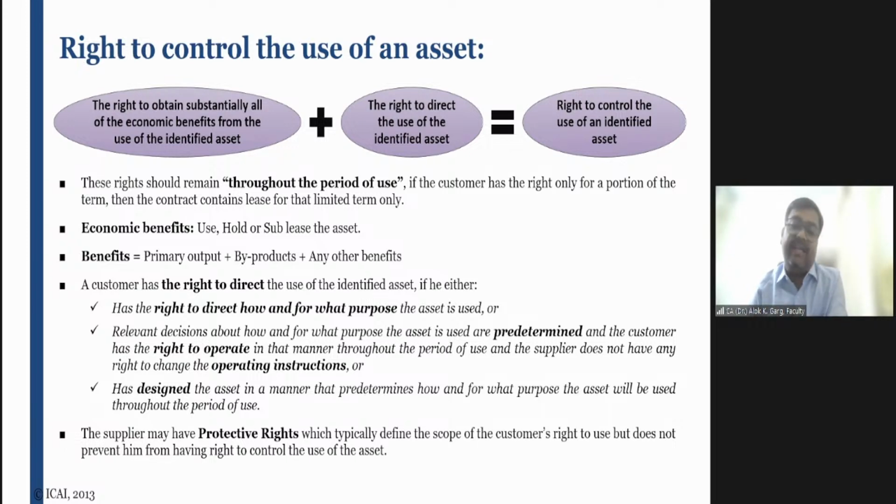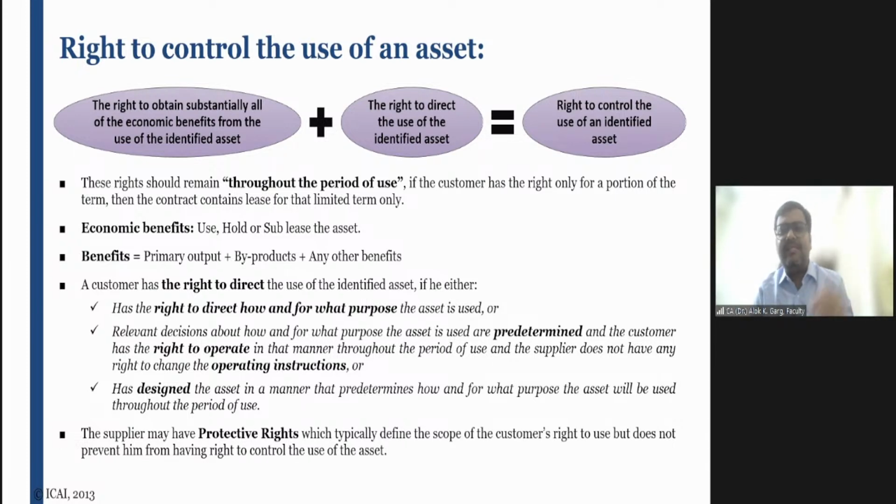For example, if your client has taken a machine on a lease basis, you ask a few questions. First of all, is it an identified asset? You look at the lease contract and conclude that yes, it is an identified asset. Why?